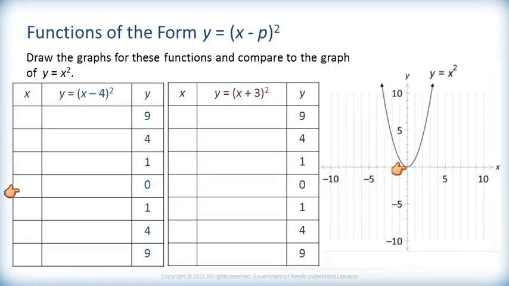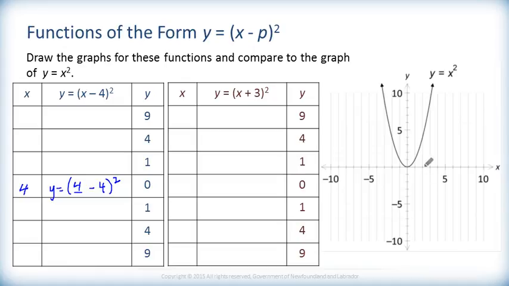So we're going to start in the middle of our table and we're going to predict the x value we need over here so that we get a y value of 0 here. So what number minus 4 will give me 0, because I need to square 0 in order to get 0. And the answer for that obviously is 4. 4 minus 4 would be 0. So I must have started with an x value of 4.